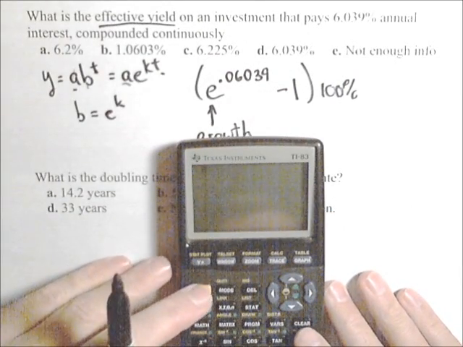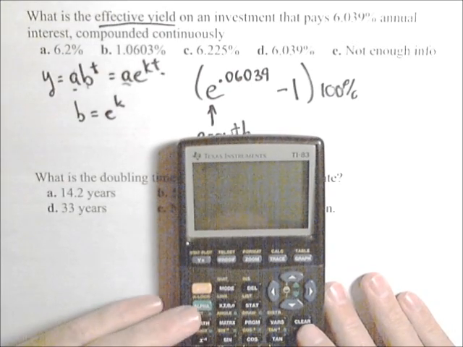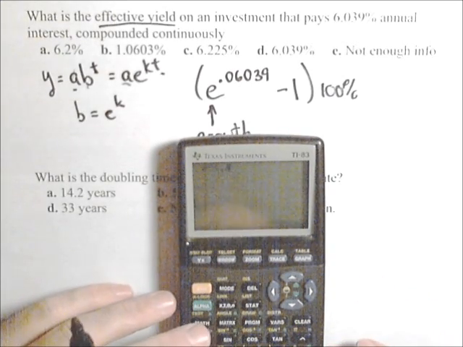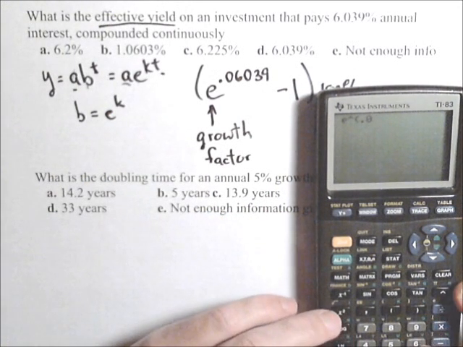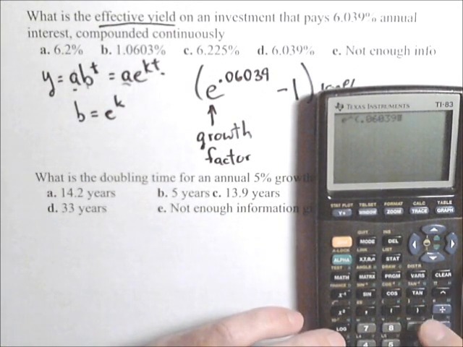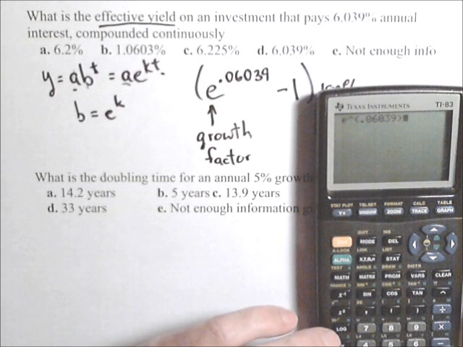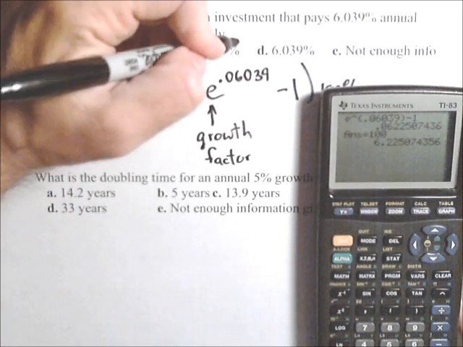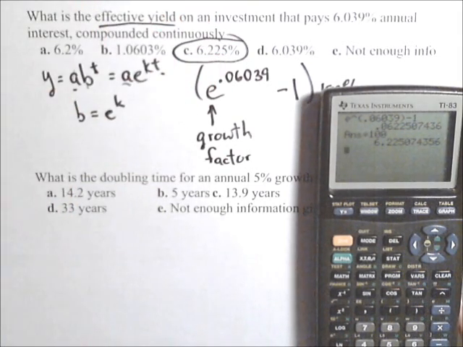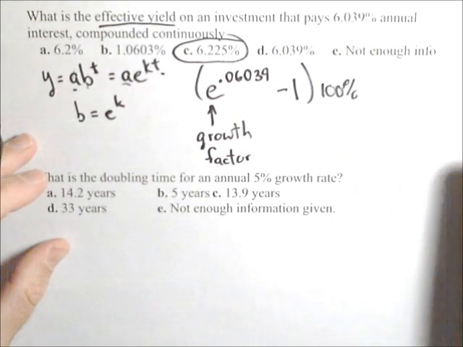So, e to the 0.06039, in parentheses, minus 1, enter, times 100 to turn it into a percent, and we got 6.225%. So, always find your growth factor, subtract 1, and turn it into a percent, and that'll give you your effective yield or your APR.